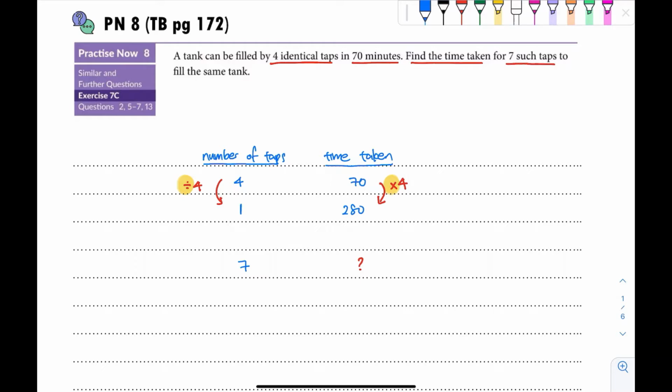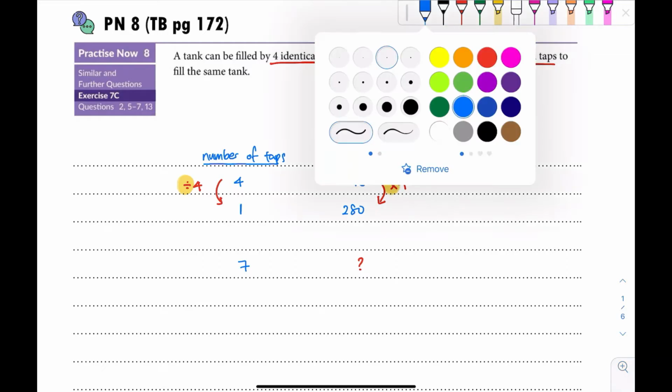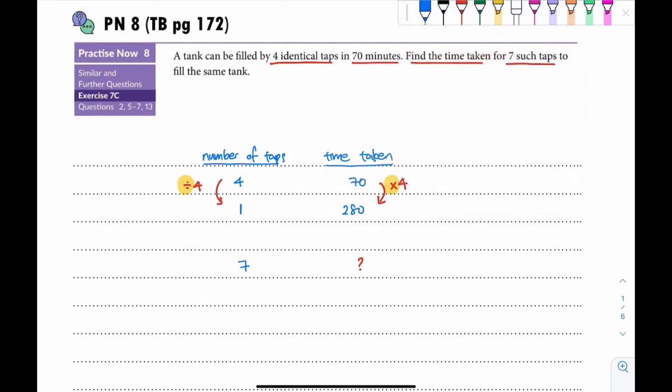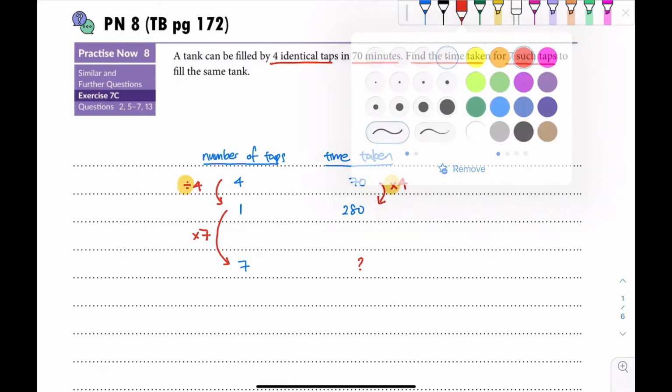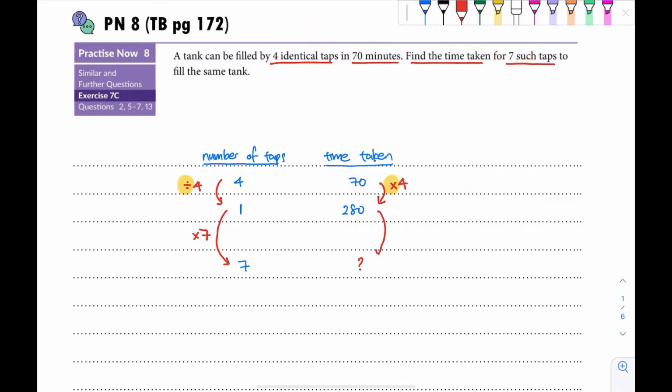Why do I do this by finding out the time taken for 1 tap? Because it is easier for us to then move from 1 tap to 7 taps, because I know that 1 times 7 gives me 7. After finding 1 tap, where I multiply by 7 to get 7 taps, with more taps I will take lesser time, so I will divide by 7 on the right side.